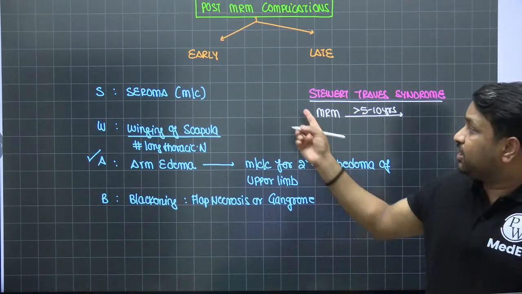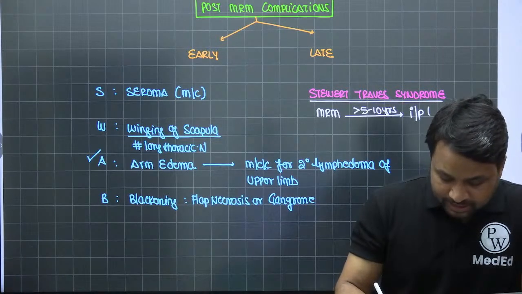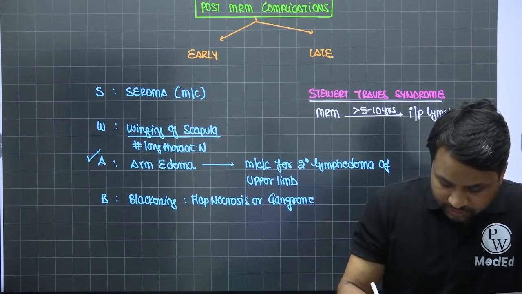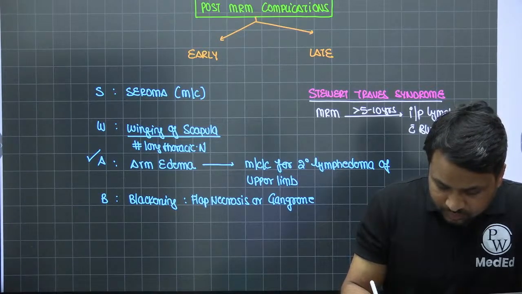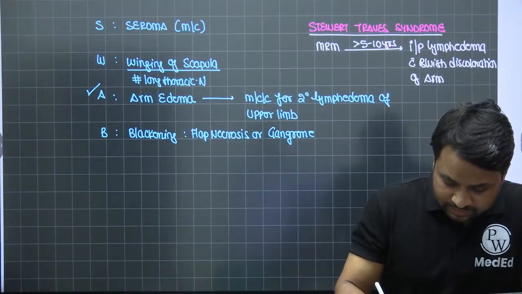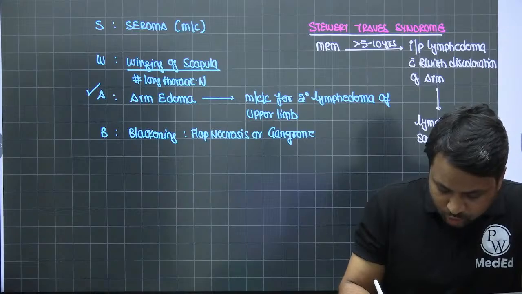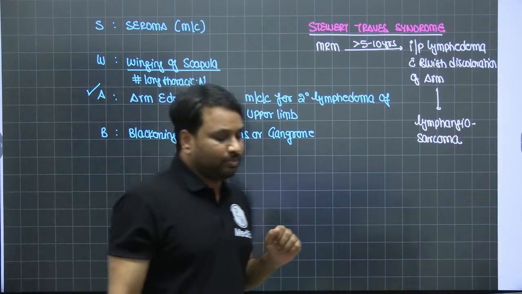So after about 10 years of modified radical mastectomy, the patient will develop ipsilateral, same-sided lymphedema with bluish discoloration of the arm, and this is what we call lymphangiosarcoma of the upper limb, right?